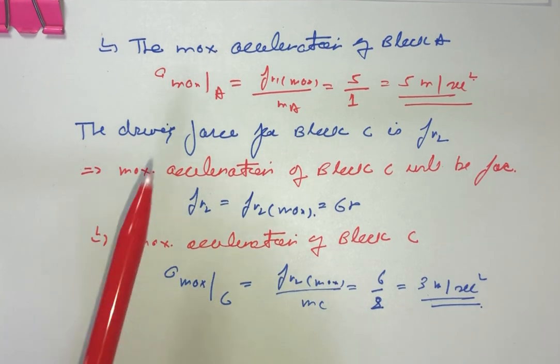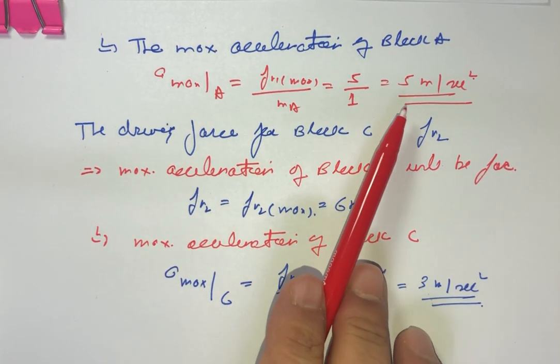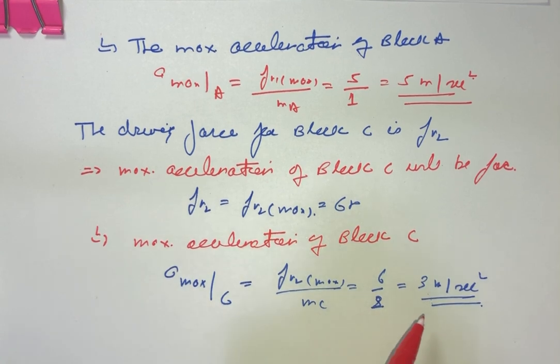Now we know that the maximum acceleration of A is 5 and the maximum acceleration of C is 3.